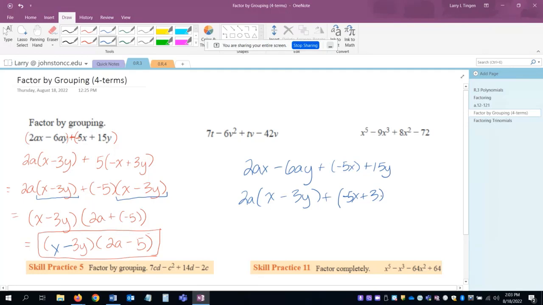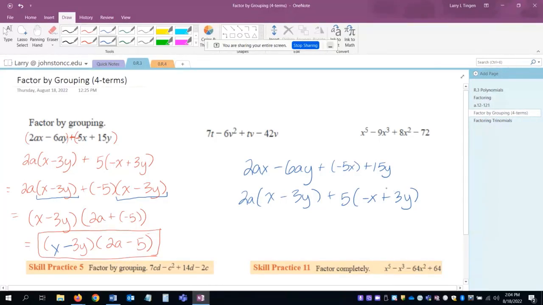And I have a plus, so when I pull out that 5, I am just not making any sense today. So by doing it this way, what happens? Now, if I pull out a 5, I'm left with negative x plus 3y. Instead of taking a chance of making this a minus when it's supposed to be a plus, or making it a plus when it's supposed to be a minus.